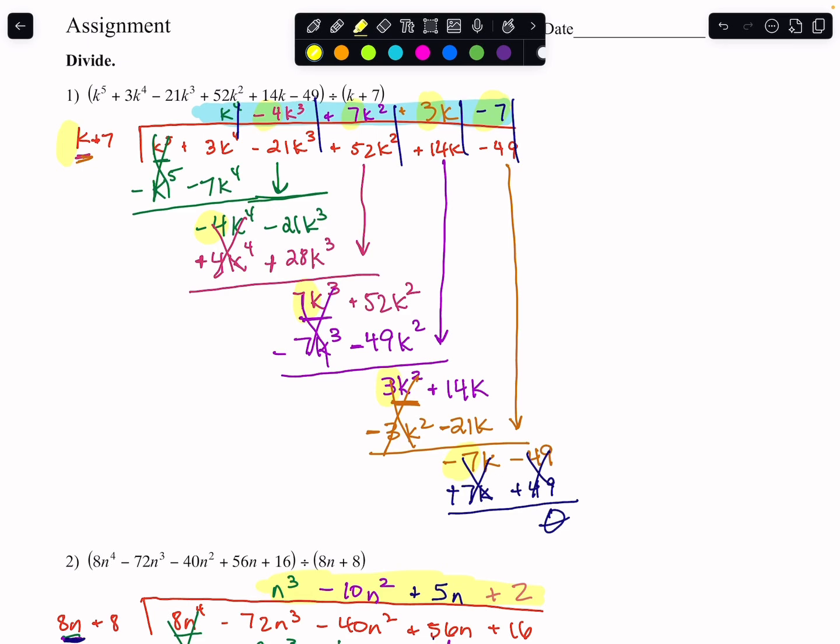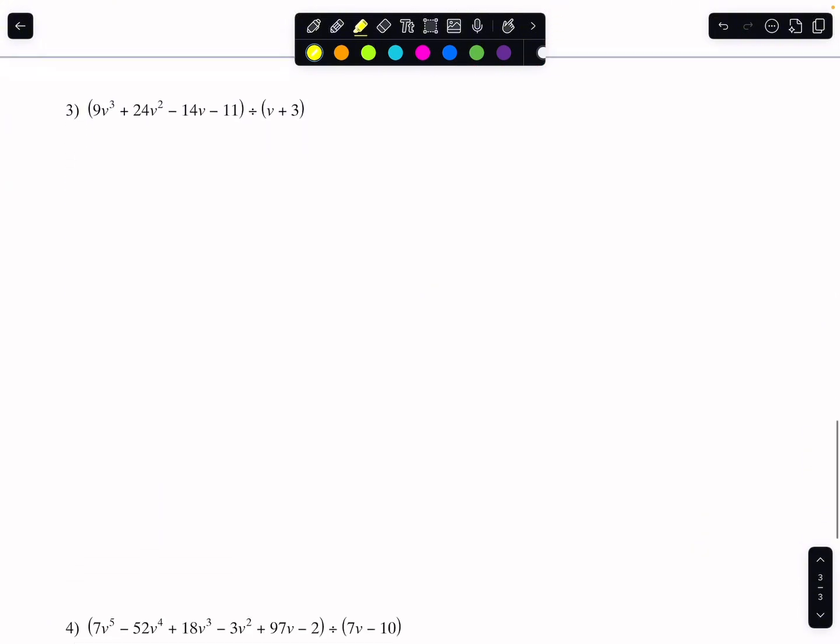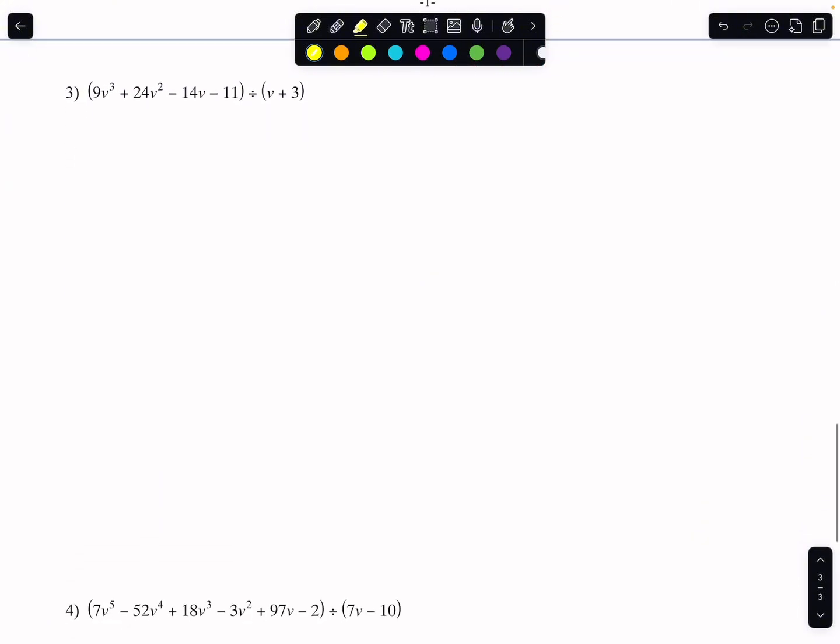All right, so I got v plus 3, 9v cubed plus 24v squared minus 14v minus 11. So it's exactly the same steps. There's only one thing that changes at the end.